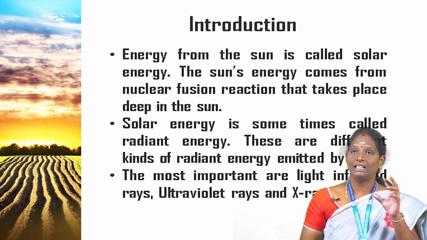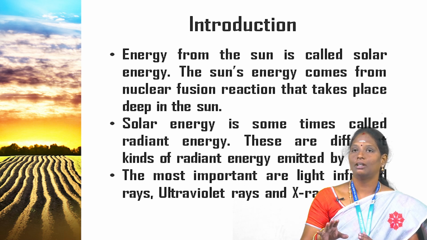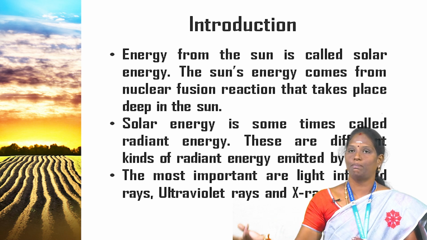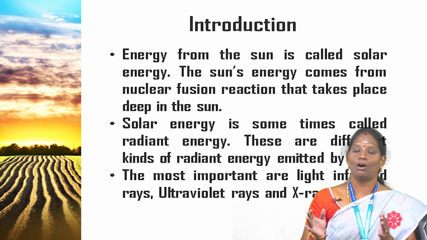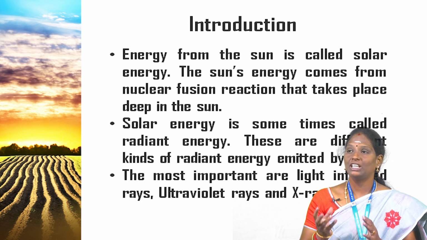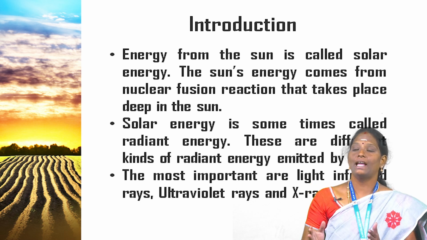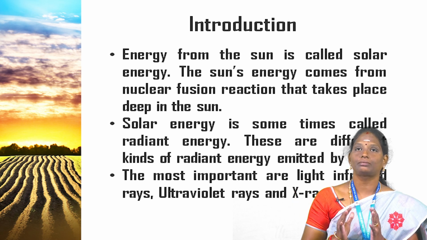Animals get their food from plants or by eating other animals that feed on plants. Plants and animals also need some heat to stay alive. So, plants are the storehouse of solar energy.